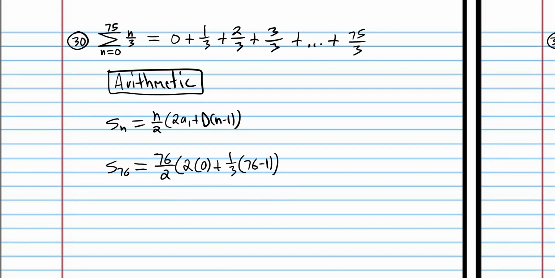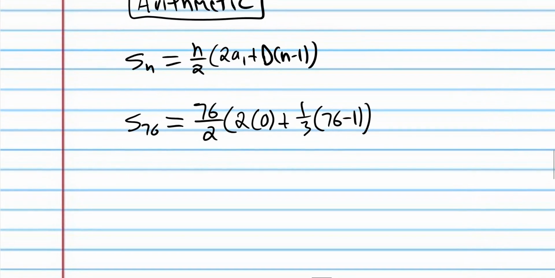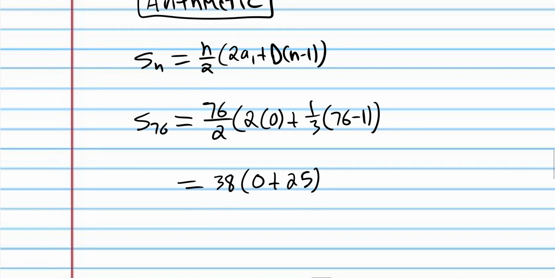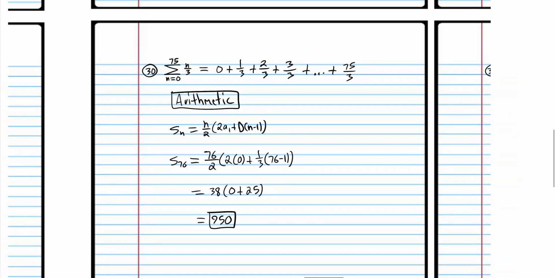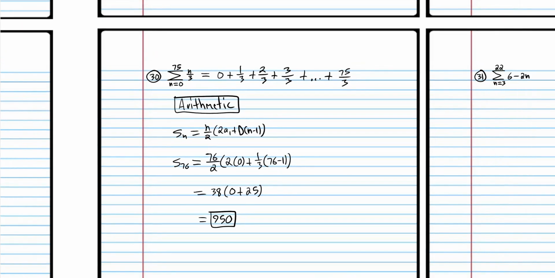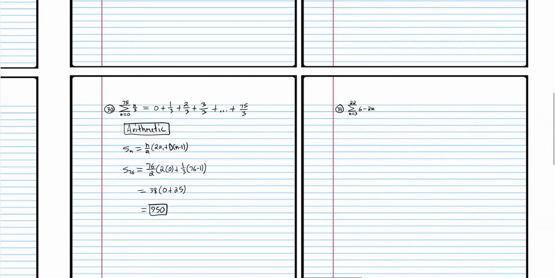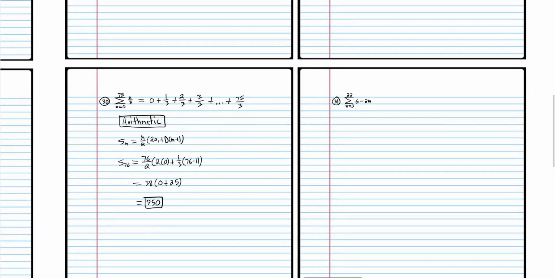So 76 divided by 2 is 38, and 75 divided by 3 is 25, so 38 times 25 is 950. So again, we have another problem where things get kind of confusing.